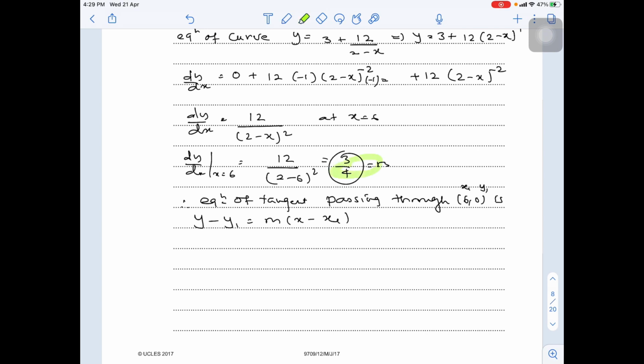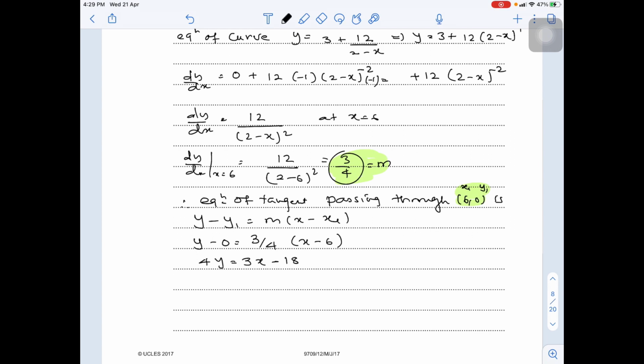So that's x1, y1. And m is 3/4. That's m. So I'm using that and that. So I'm writing y minus 0 is 3/4 times x minus 6.